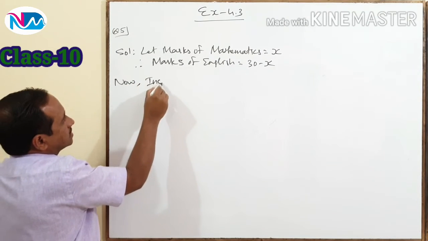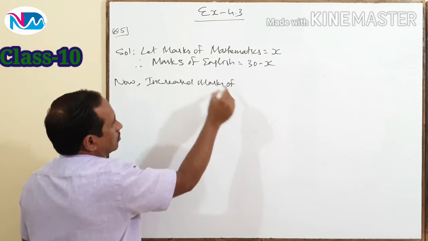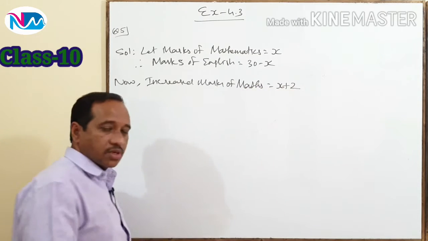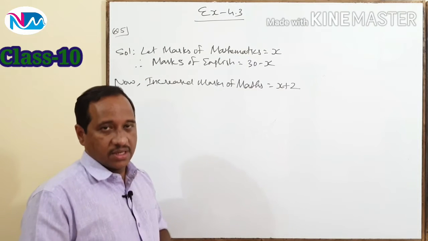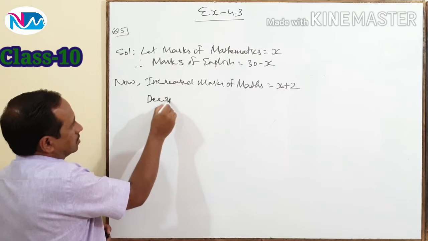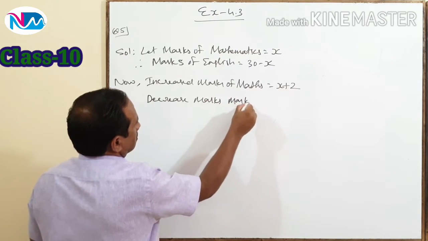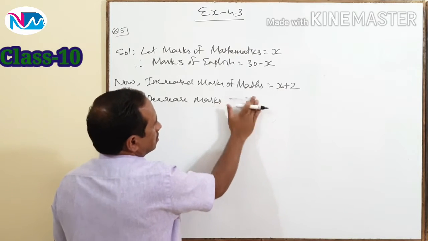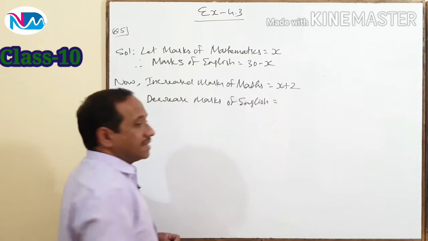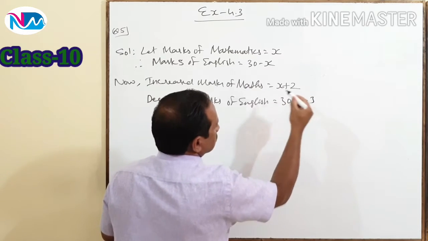Now, increased marks of maths will be x plus 2, because if 2 more marks are obtained in mathematics, and decreased marks of English will be 30 minus x minus 3.